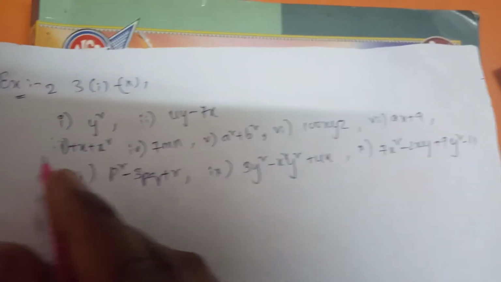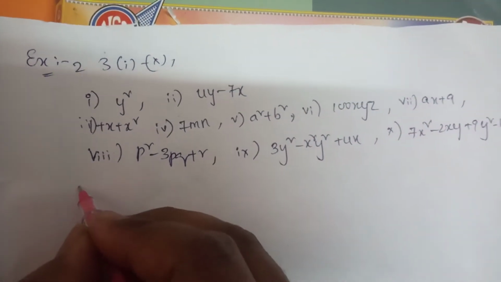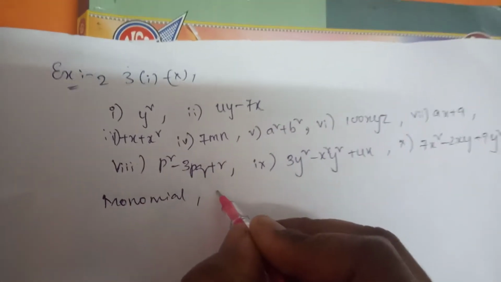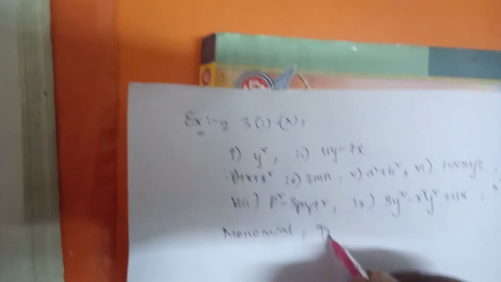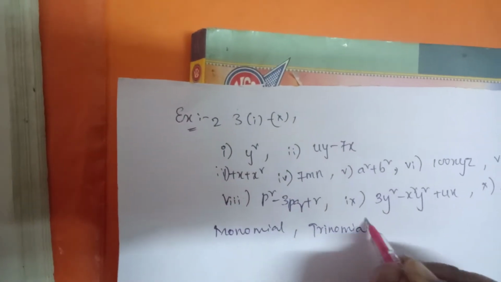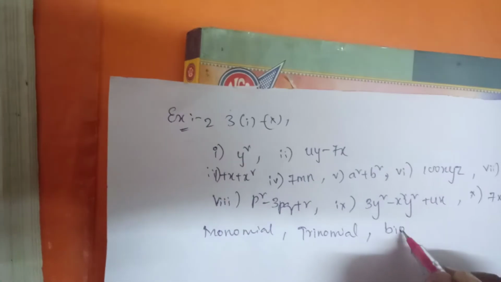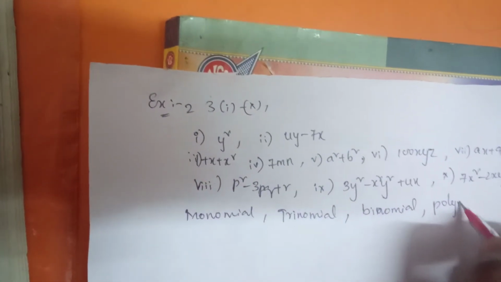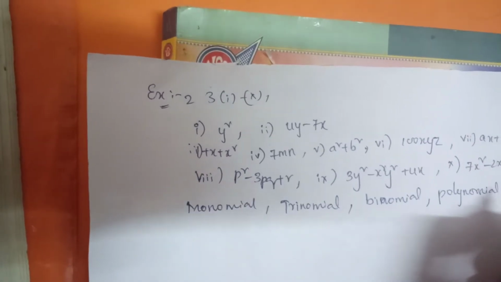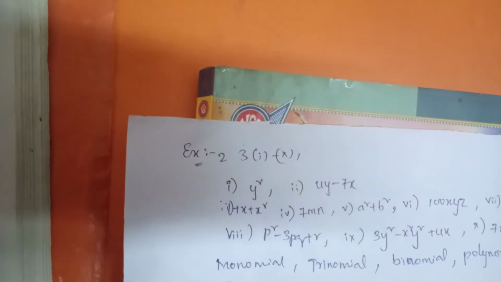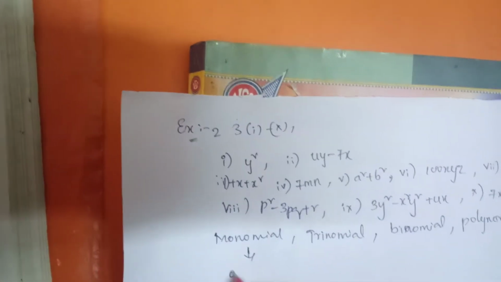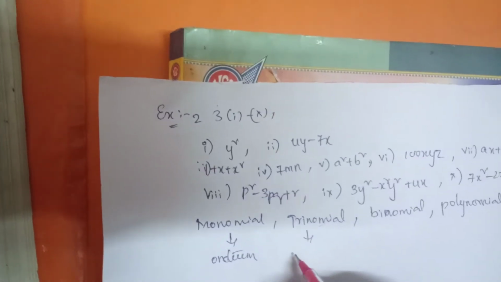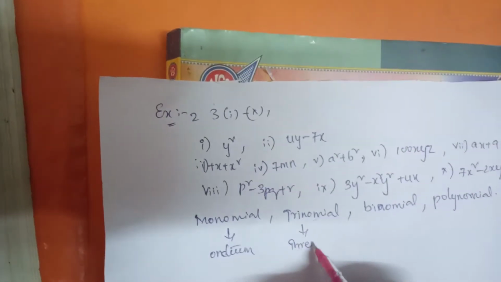From these we are going to identify which is monomial, trinomial, binomial, and polynomial. Polynomial means many. Here we have already learned that monomial means one term. Trinomial, three terms.